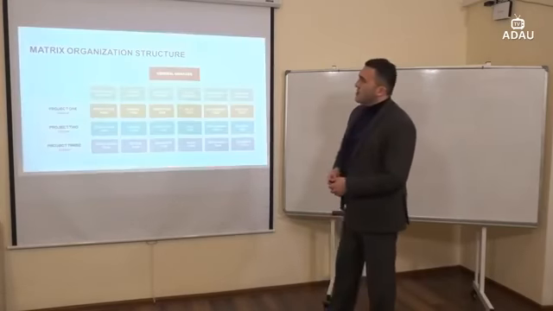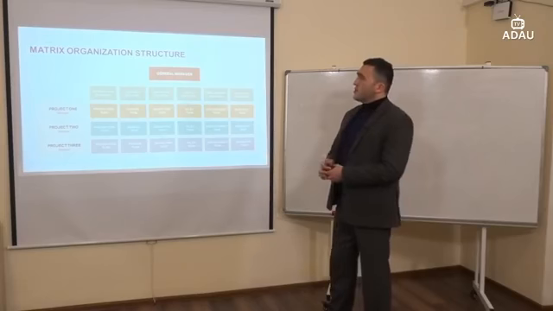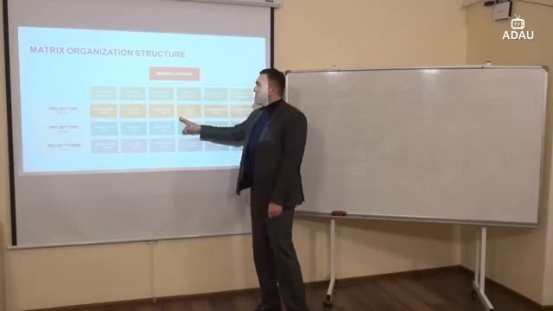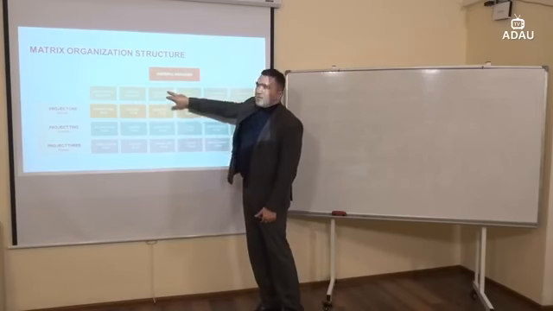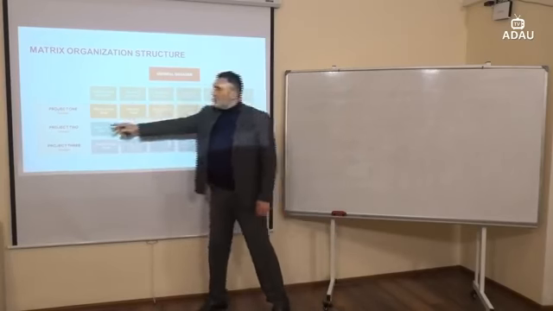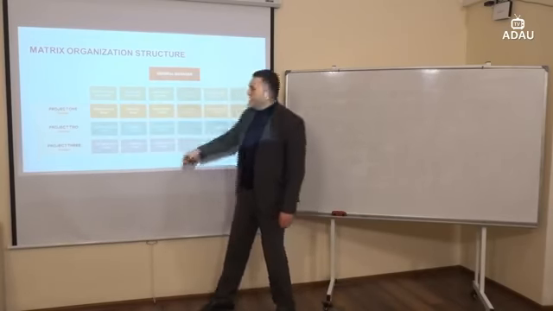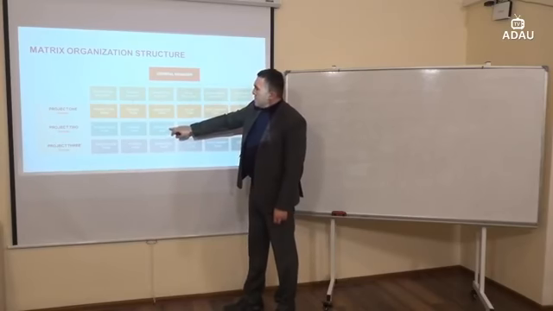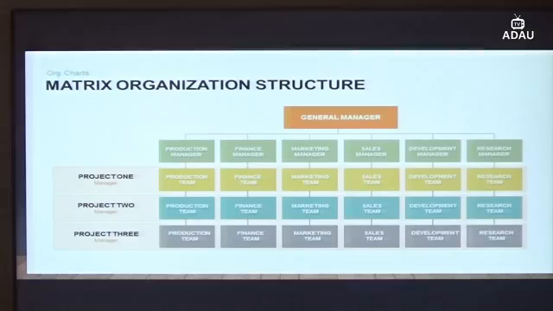The matrix organizational structure has a graphic representation, as you can see from the picture. For example, this is a marketing manager, and another one is the manager of project 2. The marketing team takes responsibility to the marketing manager, their permanent workplace, and they are also responsible to the manager of project 2.